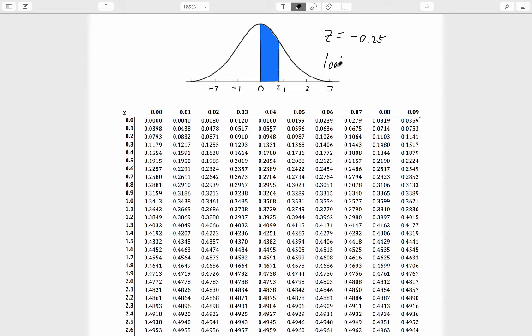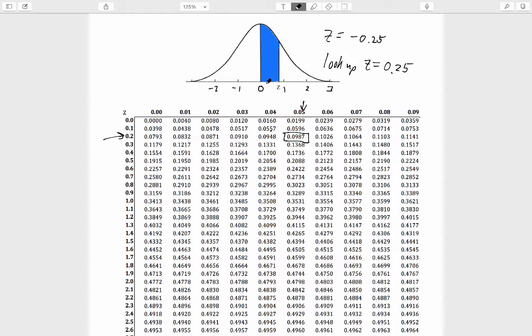But that's okay. What we're going to look up is z equals positive 0.25. When we look in the 0.2 row and the 0.05 column, we obtain 0.0987. That number is the probability of a region that goes from 0 up to positive 0.25.